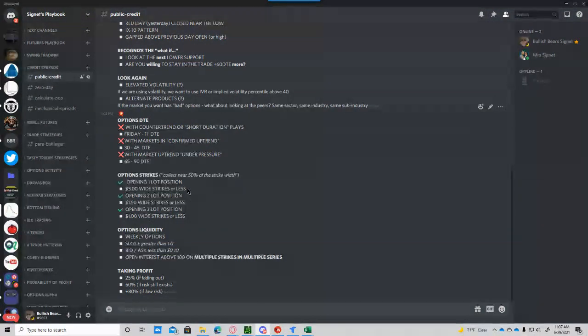For my account, $3 wide is about as wide as I want to go to start a trade. So if I'm opening up a one lot, $3 wide or less, I'm good to go. If I want to open more than one, I make the trade size smaller. I use strikes up to $1.50 wide or less.